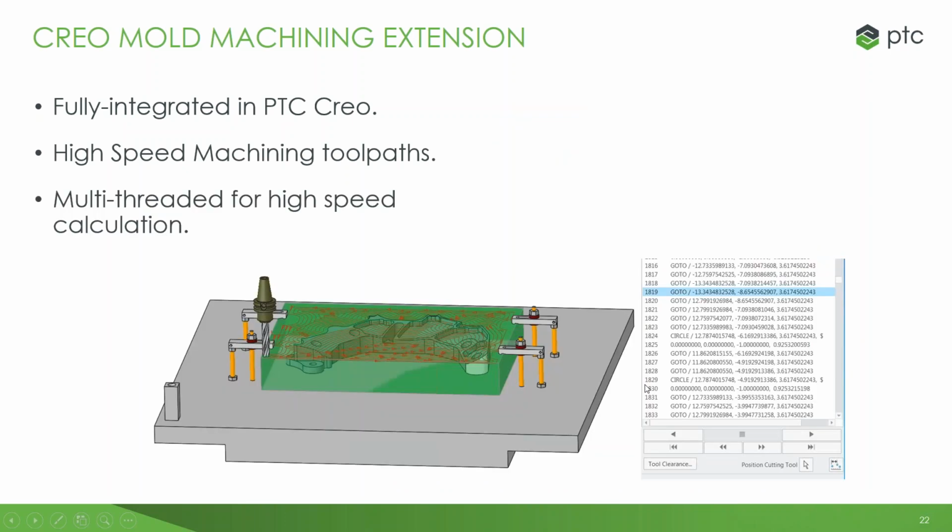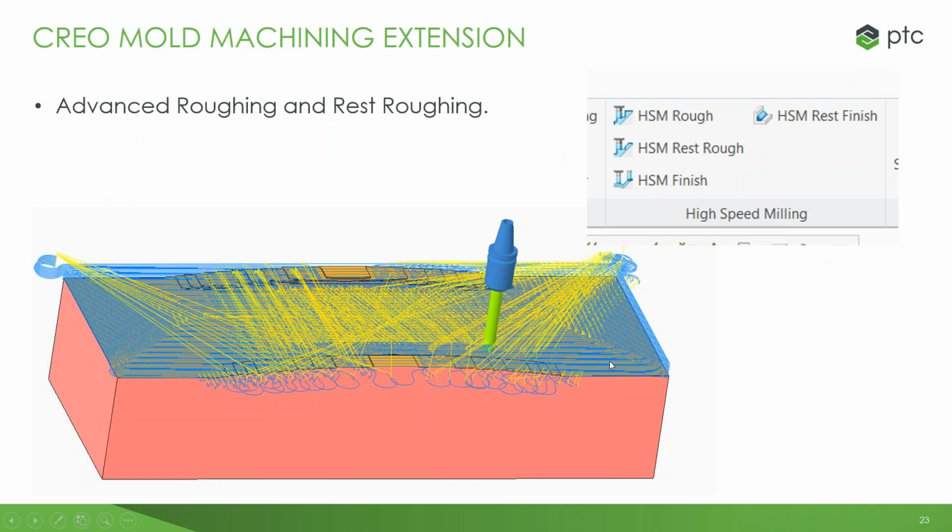And now, if you have multiprocessors, you can also take advantage of that, keeping you very efficient with the multi-threaded high-speed calculations. Advanced roughing and rest roughing, you're going to be able to do that as many times as you need. You can just go ahead and program it to do so using the high-speed machining.